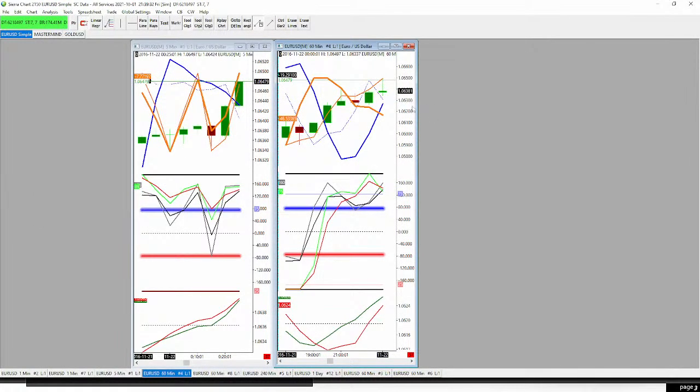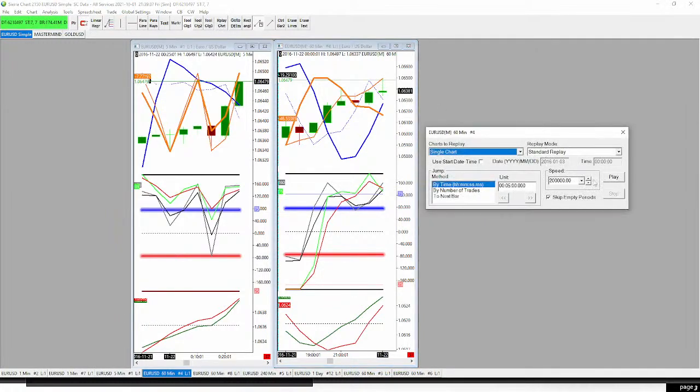So what would that look like? Let's look at that. I'm going to replay both of these charts. Actually, if I replay both of them, I'm going to have to replay every chart in this chart book. All right, let's go for it.